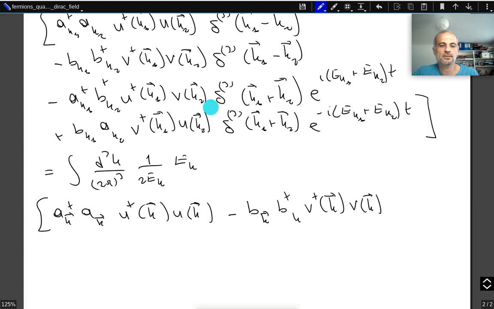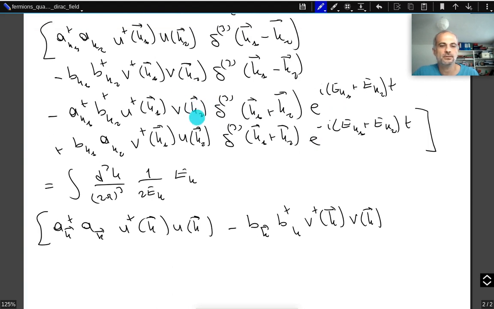In these terms, since I'm taking the K2 integral, K2 just becomes minus K1.